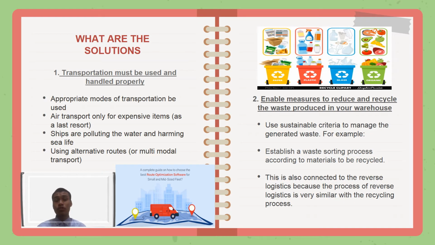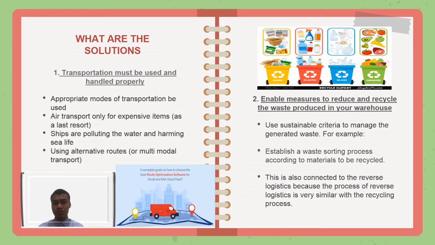Alright, the first solution for the issues in green logistics is transportation. As we know, transportation plays a key role in the process of logistics. It is one of the main reasons that goods and products can be distributed quickly and safely. That is why transportation must be used and handled properly. The types of transportation must be used appropriately.